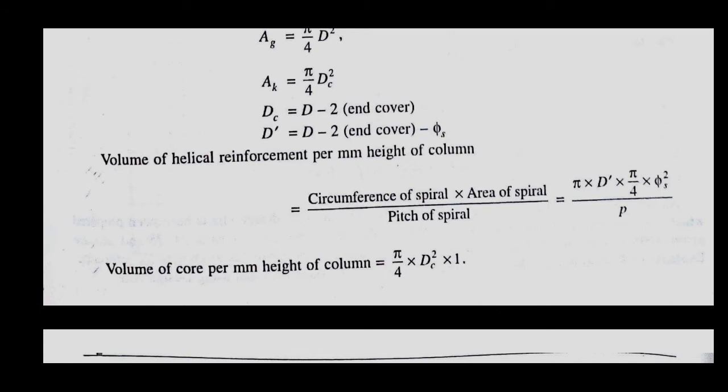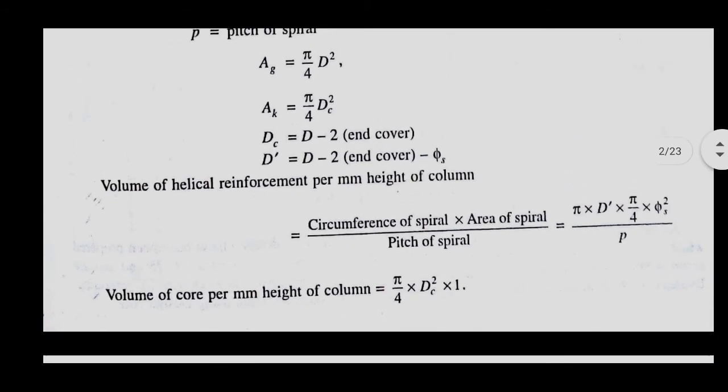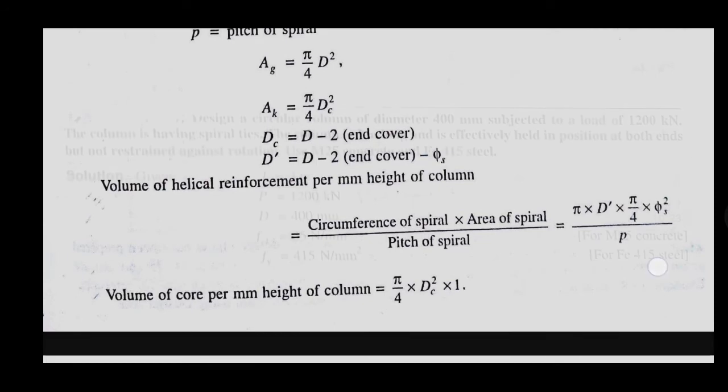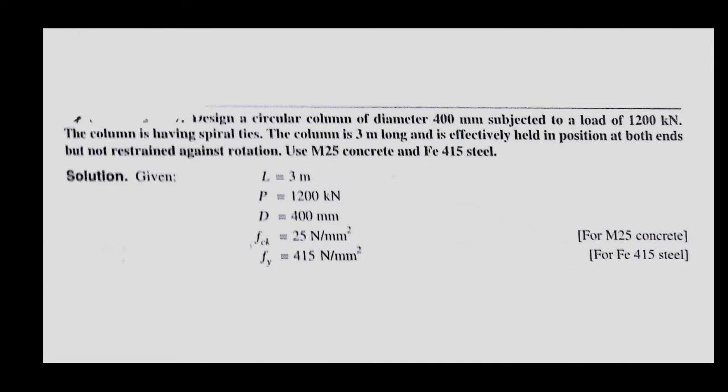So, let us solve a problem that will help you understand these assumptions better. This is the problem on your screen. Design a circular column of diameter 400 mm subjected to a load of 1200 kilonewton.